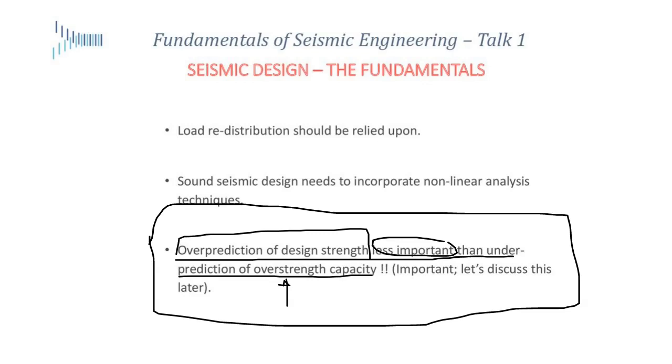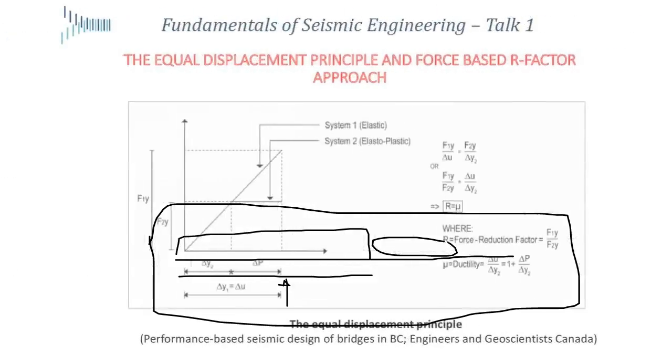And this really forms the basis of capacity design, which is very, very important when it comes to seismic engineering. So we don't want to do some underprediction. Just keep that in mind. Overprediction for gravity is bad, and some sort of underprediction is bad for seismic design. Okay, we will come back to this.